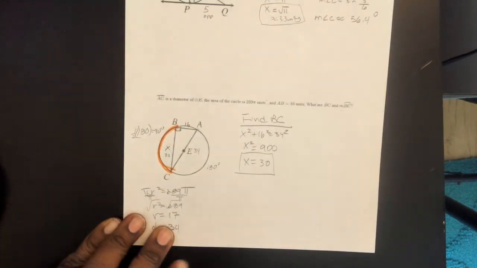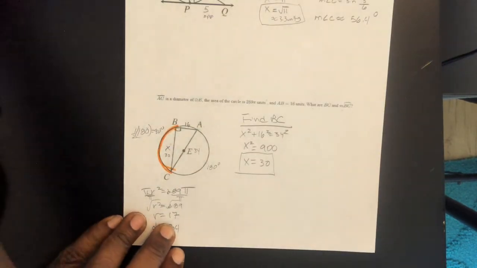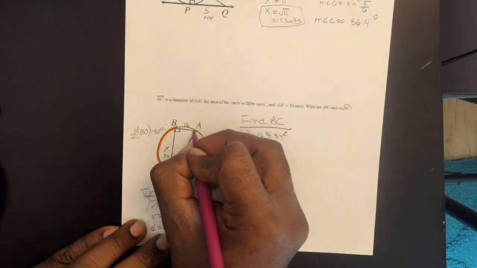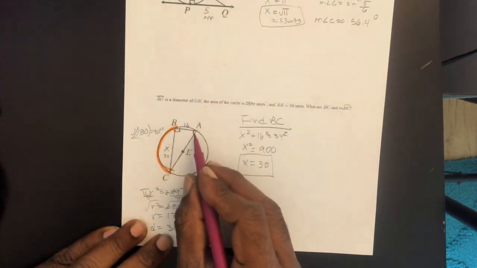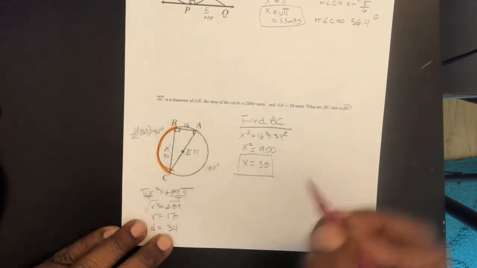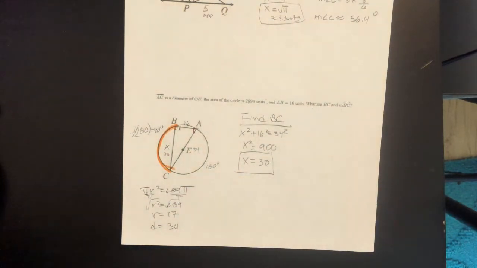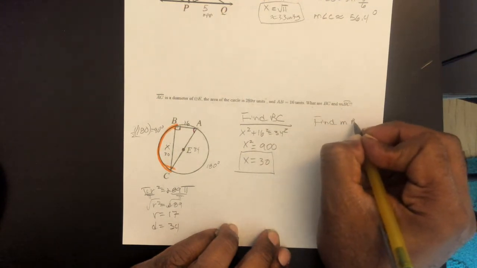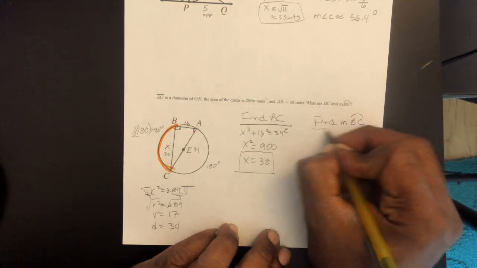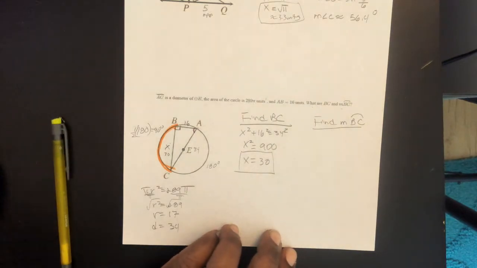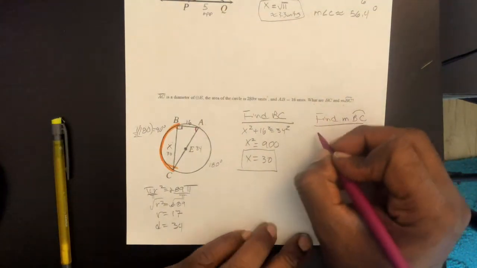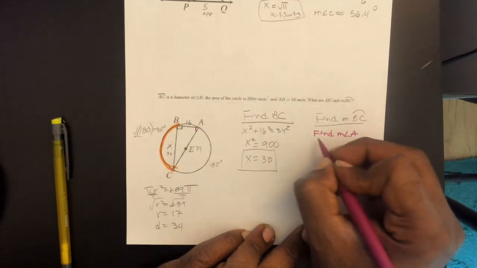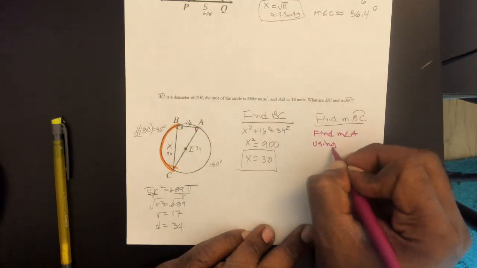To find that part of the circle, we're going to want to find this angle A right here. If we find angle A, then we could double that to get the measure of the arc. So to find the measure of the arc BC, that little curvy thing on top there, let's find the measure of angle A using inverse trig.